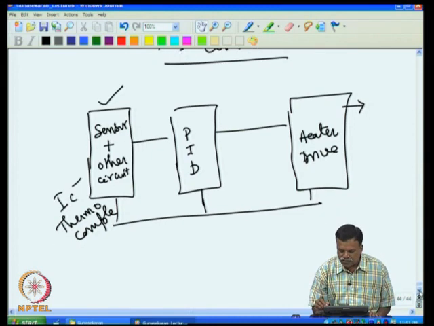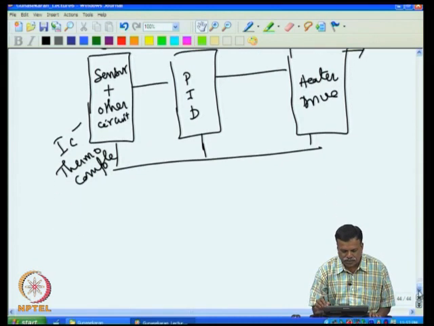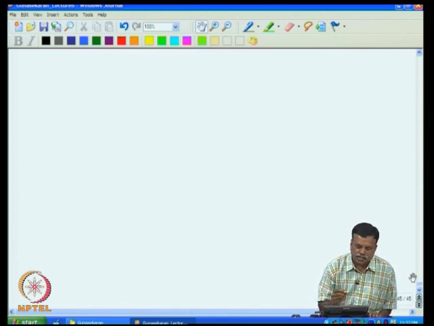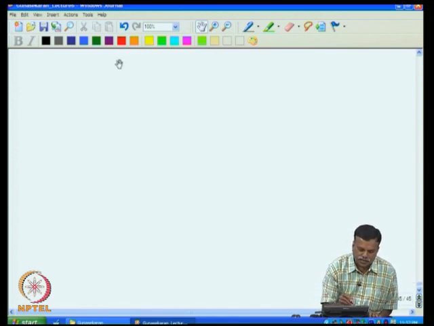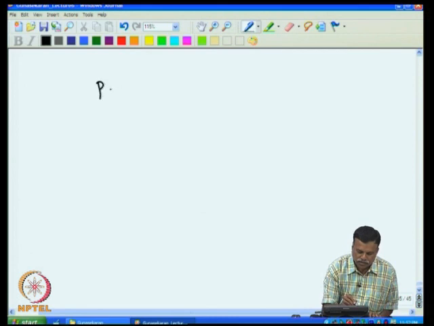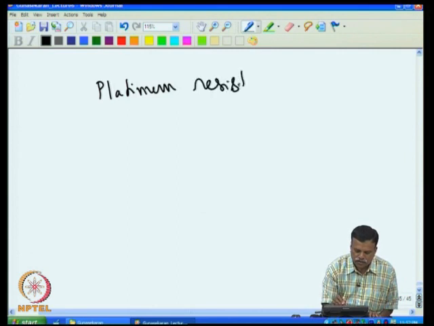Now we have to look into different types of sensors. For example, we can take another important sensor, that is our platinum resistance thermometer.